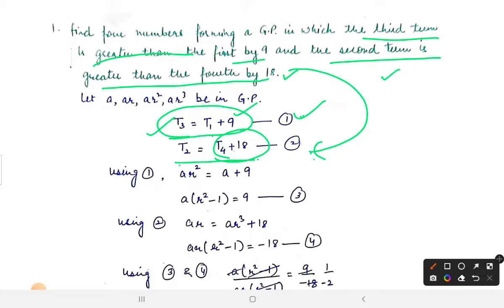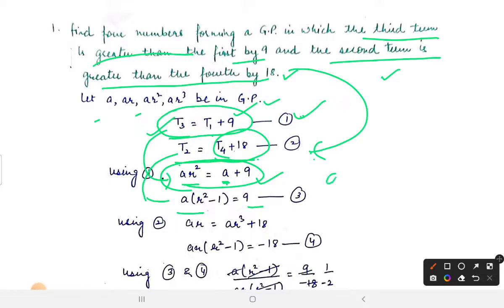Now let the four numbers in GP be A, AR, AR square, AR cube. So what is T3? T3 is AR square and T1 is A, plus 9. Putting the values, we have AR square minus A as 9.